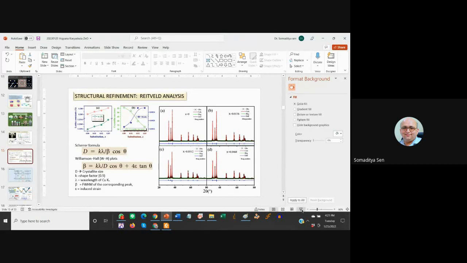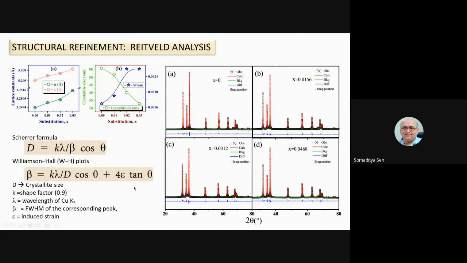So the strain that I talked about can be easily calculated. The crystallite size can be calculated from Scherrer's formula, and the strain can be calculated from the Williamson-Hall plots. So we modify the data that XRD has given us, and we take a definite theta where the peak is, and then we can plot this type of data and find out the induced strain and the particle size.